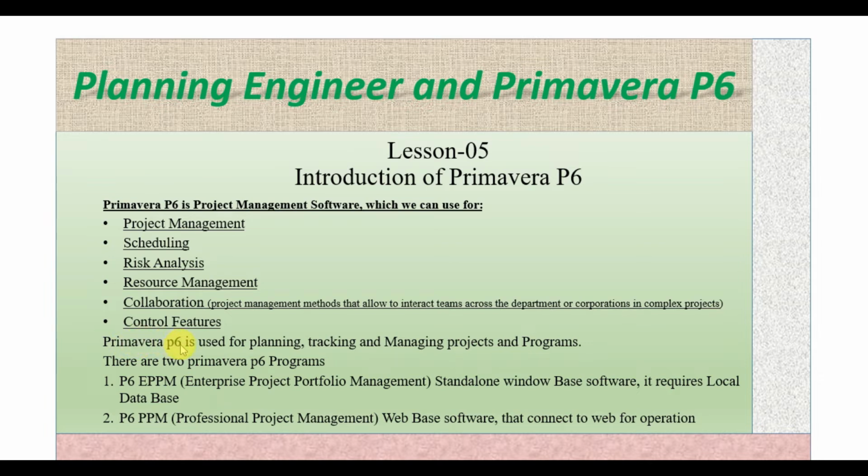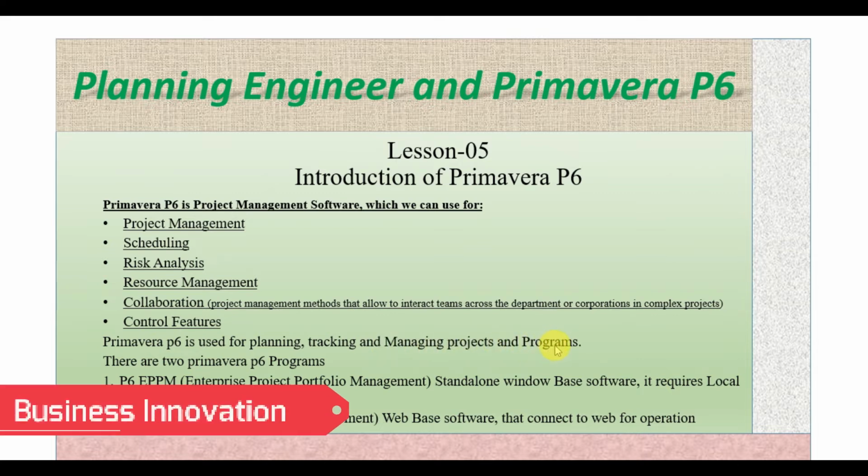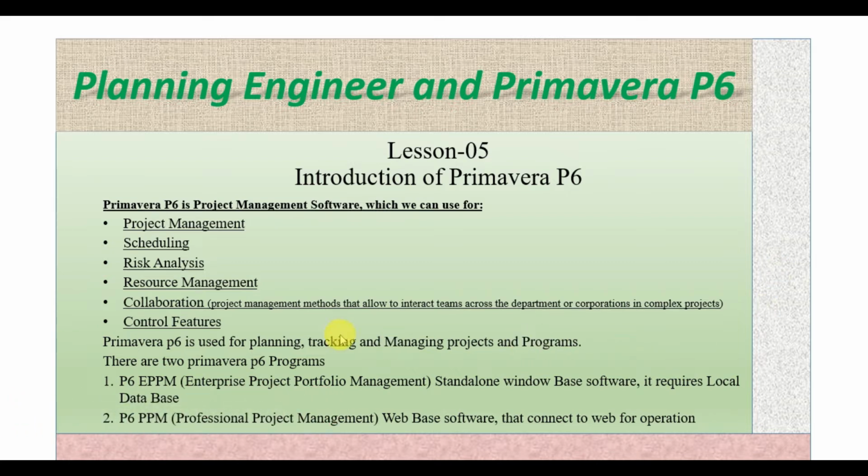So actually Primavera P6 is used for the planning of a project, tracking of the project, managing the project, but not only the project, programs also. The difference between the project and the program we will discuss in the upcoming slide.